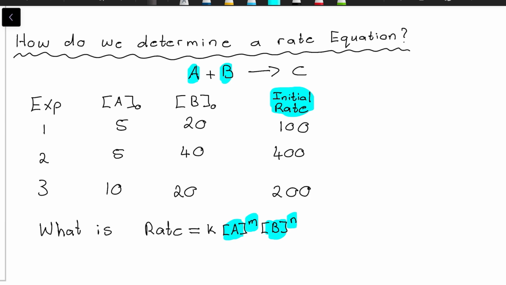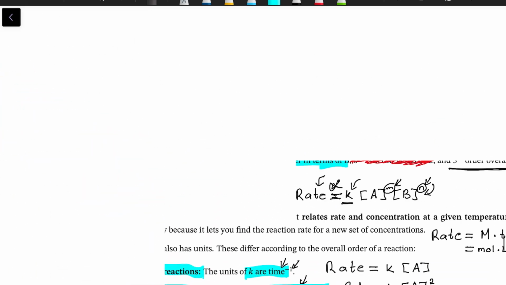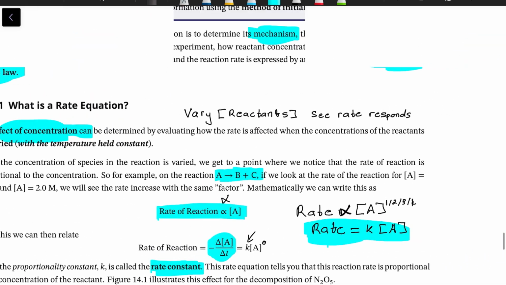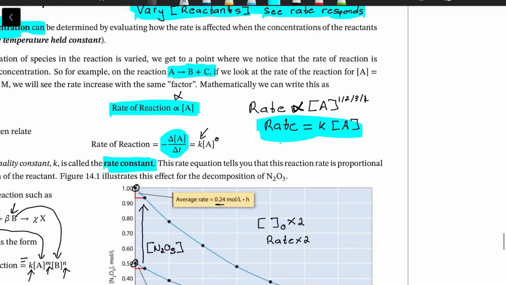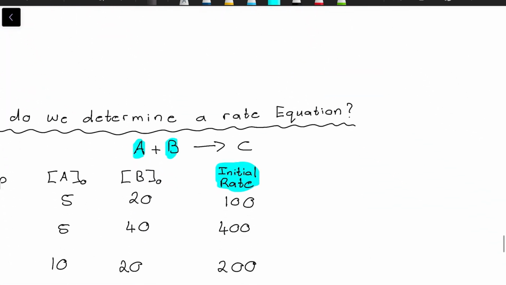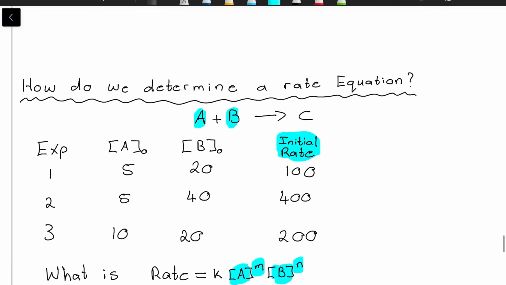So in other words, you want to see literally, if I change the reactant concentration, how does the rate vary? So meaning that question that I asked way back at the beginning, if I vary the reactant concentration, see how the rate responds. All right, so that's literally what we're trying to do now. If I vary the concentration, what happens?